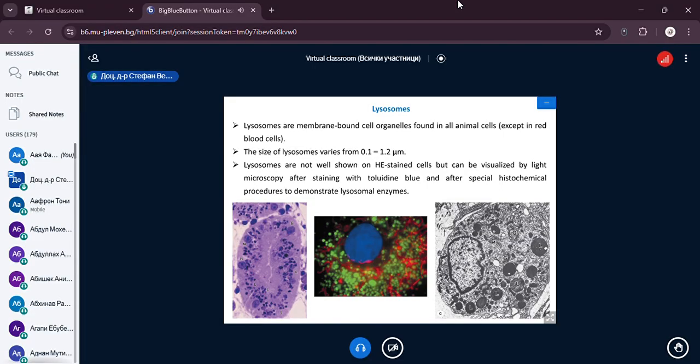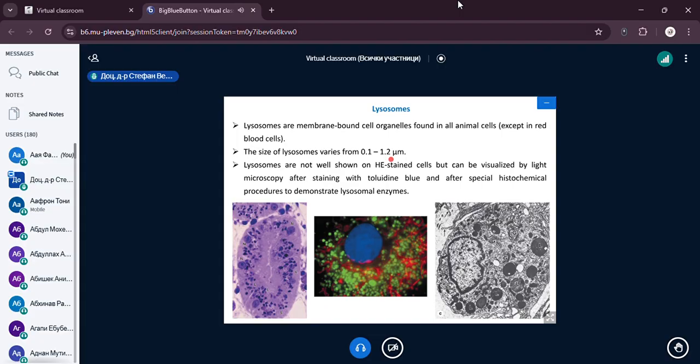The size of lysosomes is quite variable, from 0.1 micron, which is at the boundary of the resolving power of the bright field microscope, up to 1.2 microns, which is a very large size for a cellular organelle.